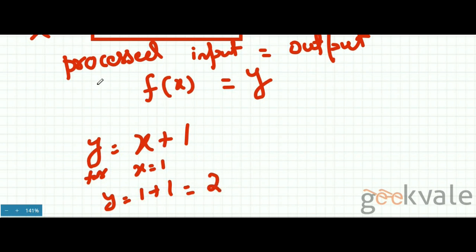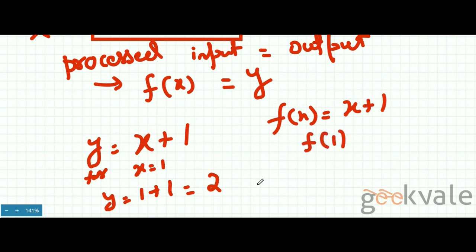y will be 1 plus 1, or equals 2. As I mentioned, the processed input is equal to the output, so I can say f of x is also x plus 1. Now f of 1, in this case, will be the same. Evaluating the function at a specific value is the same as applying the process for that input.